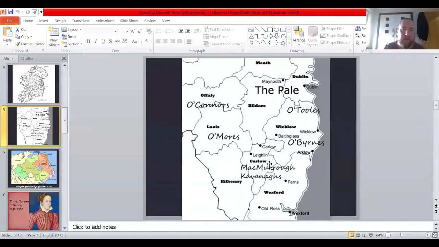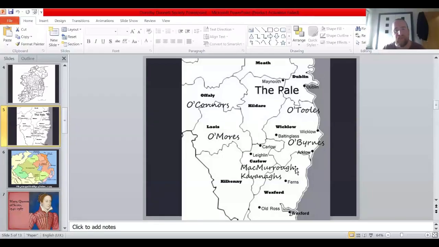And what you see by 1545, 1546, is that they're no longer talking about this region in South Leinster. They've now moved over to here. They had mentioned it before, but now this has become the real focus of their discussions around an aggressive kind of policy of conquest and colonization. The reasons for the shift are largely to do with the fact that they have pacified one or two of the heads of these lordships.